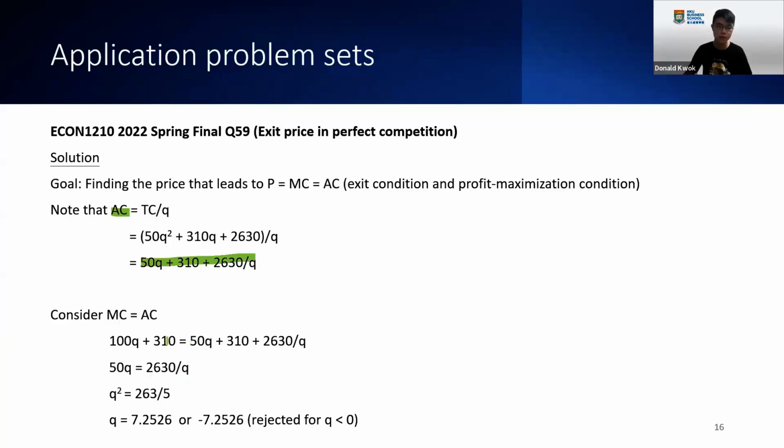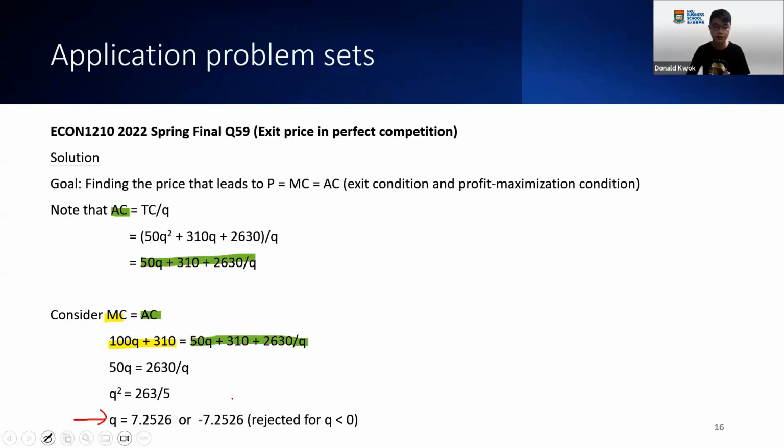All right, so putting everything back into the equation that we would like to solve, MC equals AC, then we can obtain the result, and it is actually a quadratic equation again. So after some steps, you will be able to solve q equals 7.2526.